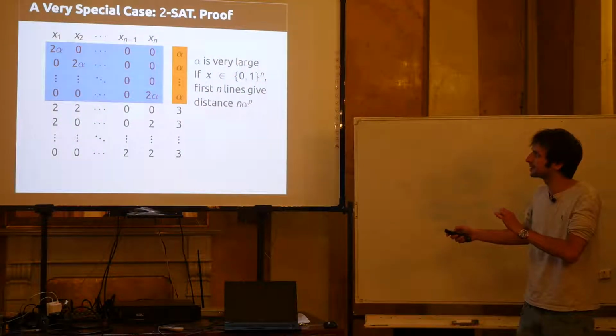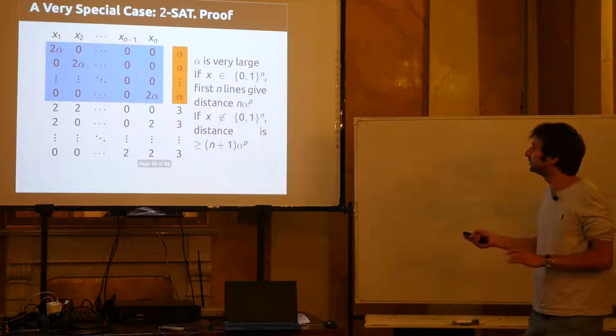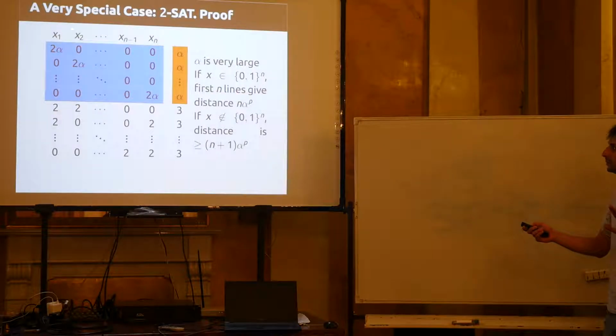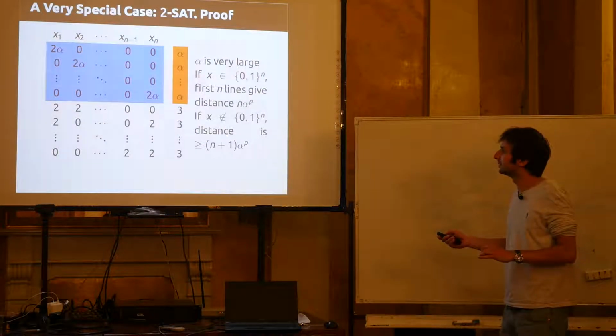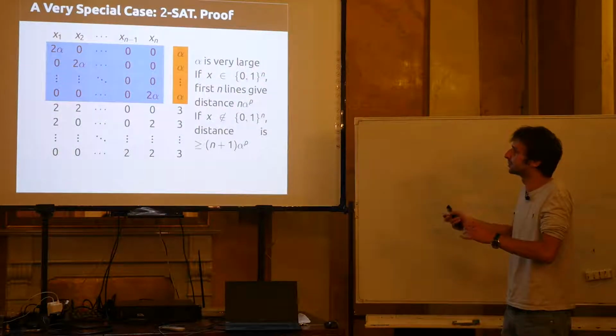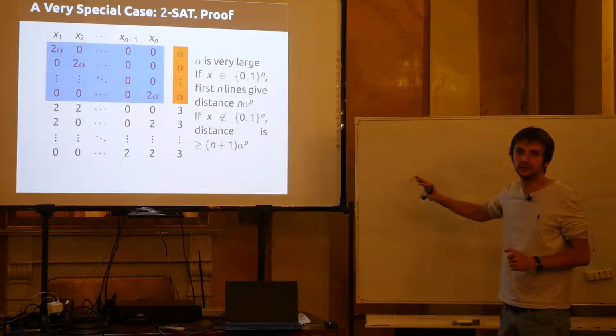If you take it either 0 or 1 times, the distance is always alpha. But if you take at least one vector twice or -1 or any non-0-1 number of times, then the distance will be much larger. For a huge alpha, in the end I will see that your point is really far away from the lattice, so you didn't find a good assignment.